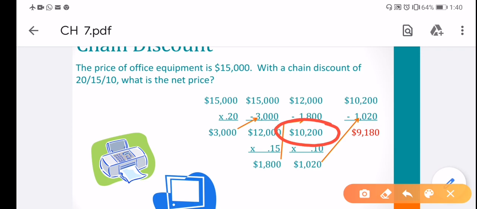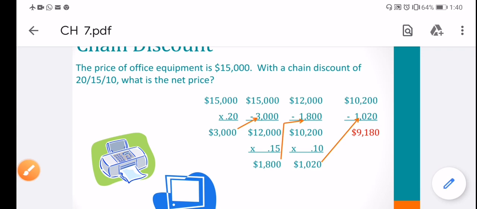So this is the current price of the office equipment. The company gave me another 10% on that. Then I need to find out the discount amount. The discount amount is the current price, which is 10,200, multiplied by 10% or 0.1. So the discount amount now is 1,020. How much should I pay now?